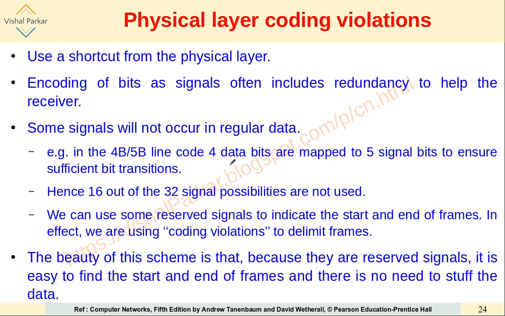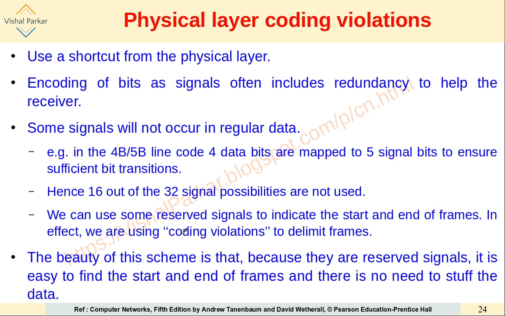But these are the 16 combinations which are now used for delimiting the frames, as they couldn't be there in the frame part, which was the possibility with the previous two methods. These combinations couldn't be there in the payload part or the data frame part, and that's how some of these 16 combinations can be used for delimiting the frame.